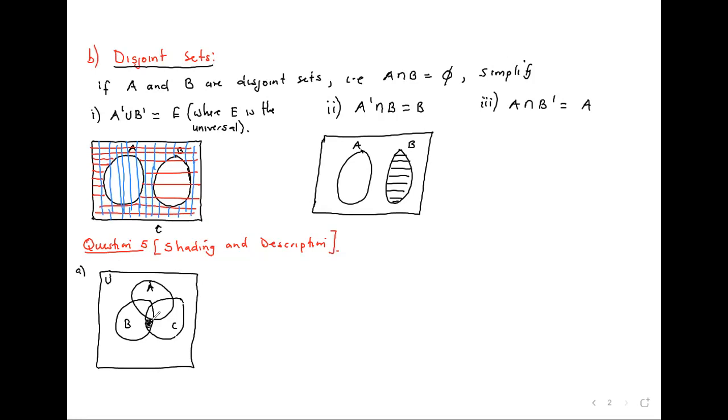So to describe this, you first notice that this part is actually in B intersection C. But a certain part of B intersection C has not been touched. So then you say, oh, it's B intersection C intersection A. Have we touched A? We have not touched A. So then it is A complement.